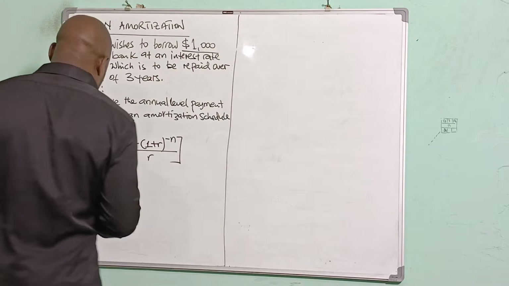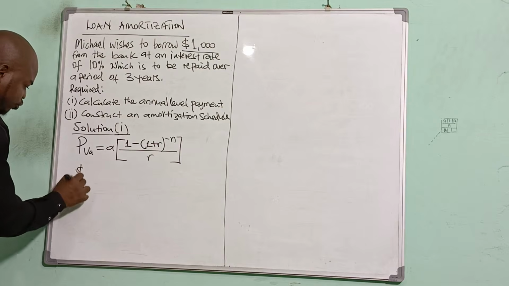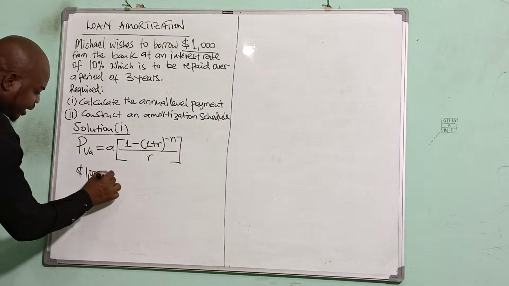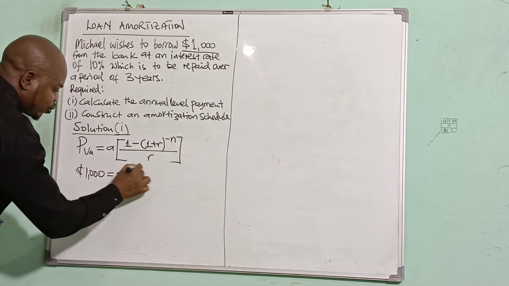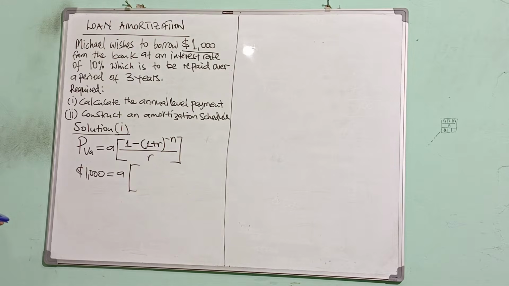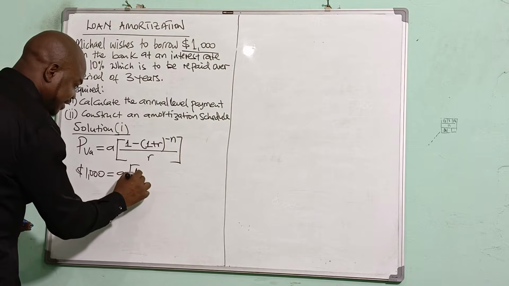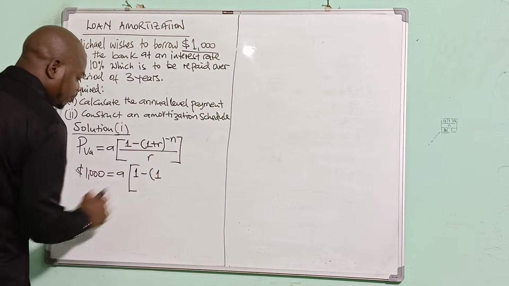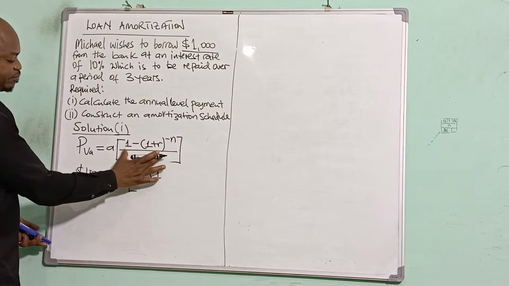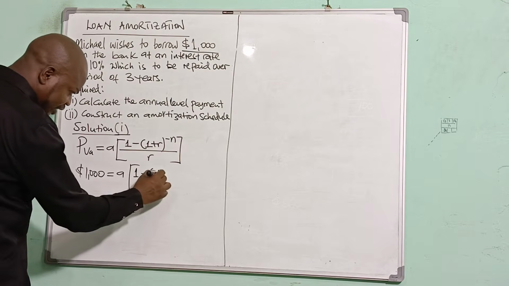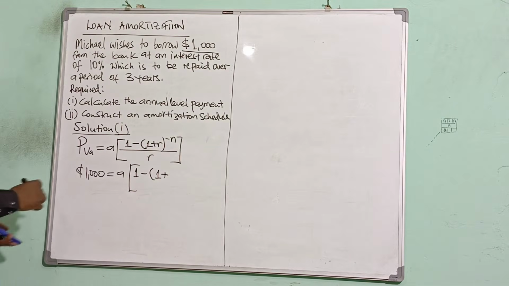That's where the 1,000 is going to sit here, PVA, and then the A, this is the annuity, that amount which we are talking about that will not change over a period of time, it will remain constant. And then this is the formula for present value annuity. We are just applying it. You should know it.